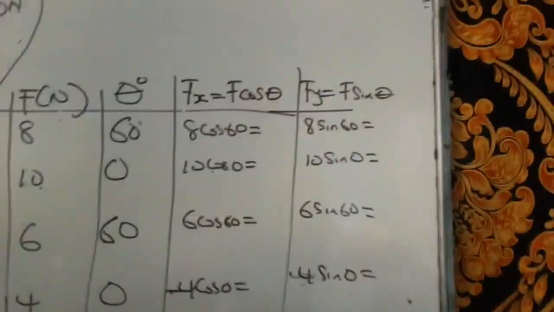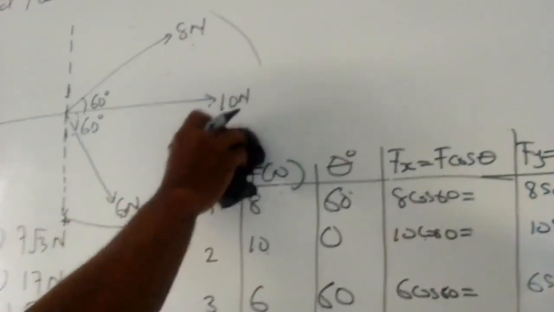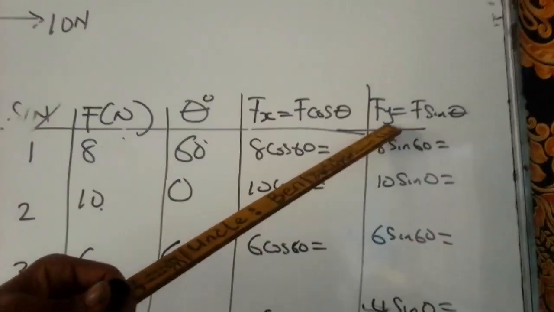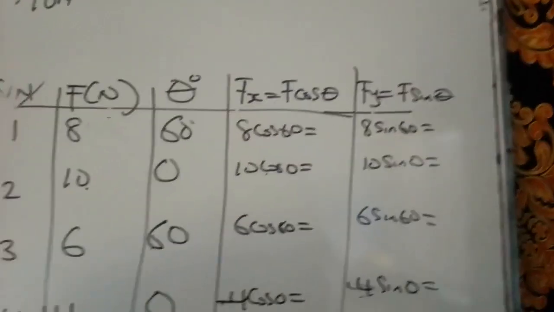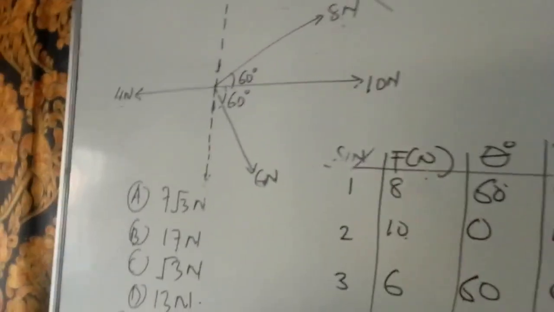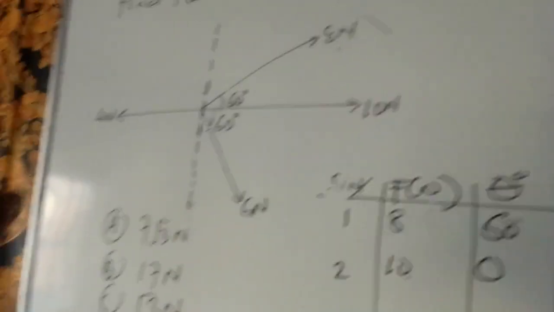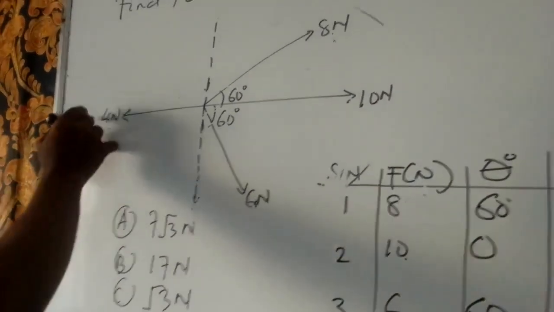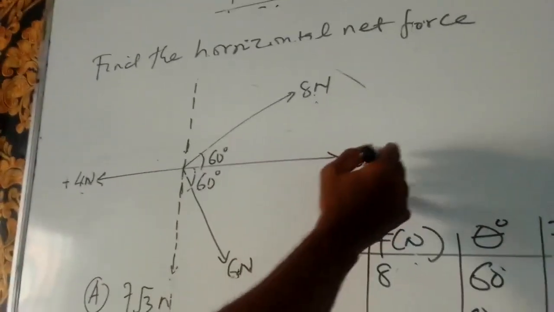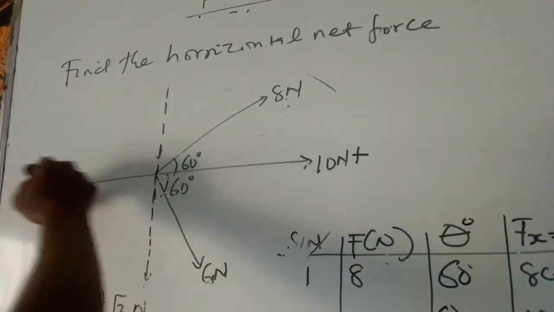Then we still have to look at F of Y. These signs or conventions apply to the forces when we are resolving vertically, or F of Y. As I discussed before, we'll move from the mid horizontal plane, the two ends as positive, we'll move up.